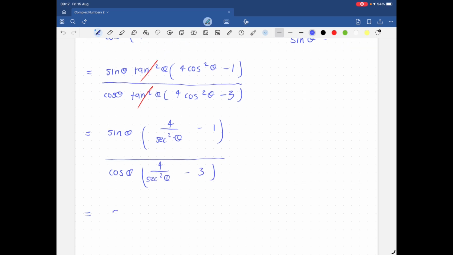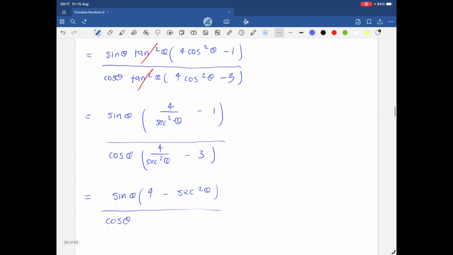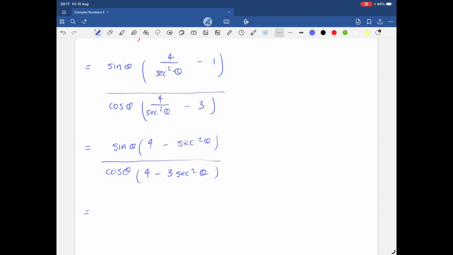And that actually gets us sine theta, 4 minus sec squared theta over cos theta, 4 minus 3 sec squared theta. But we know sec squared theta is 1 plus tan squared theta. So this is sine theta, 4 minus 1 plus tan squared theta, over cos theta, 4 minus 3 1 plus tan squared theta.